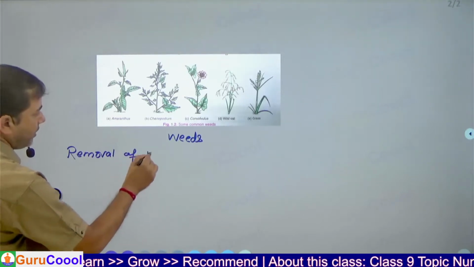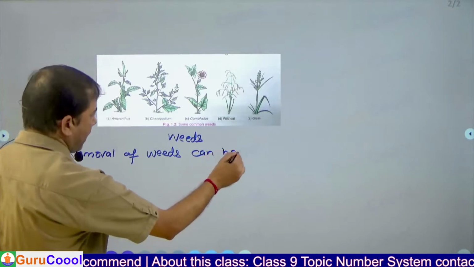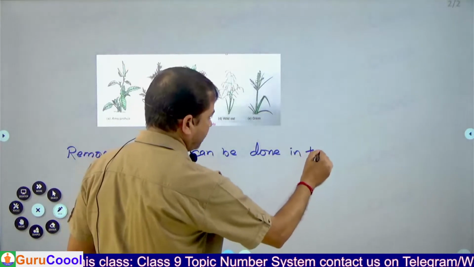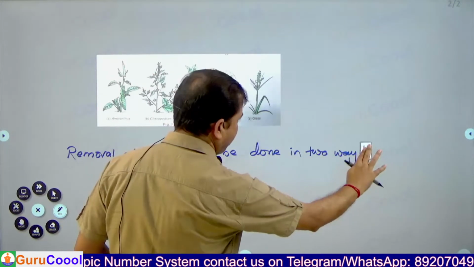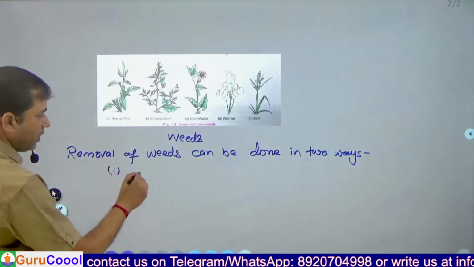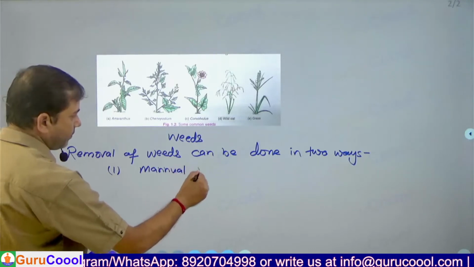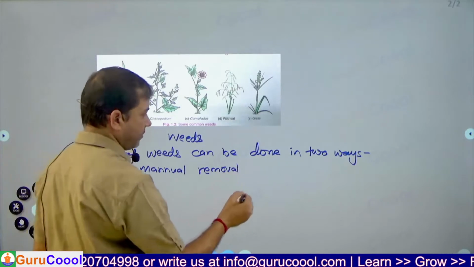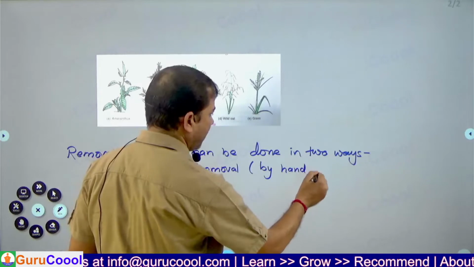Removal of weeds can be done in two ways. First, manual removal, by hand, one by one.